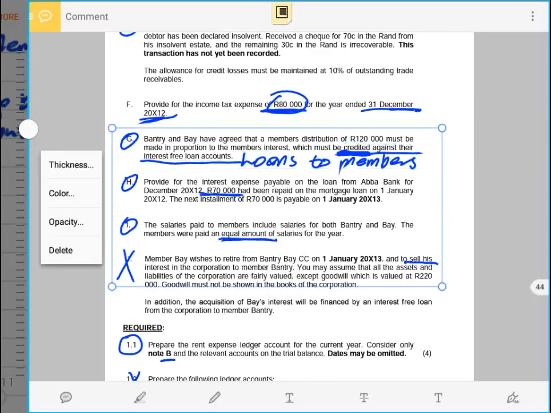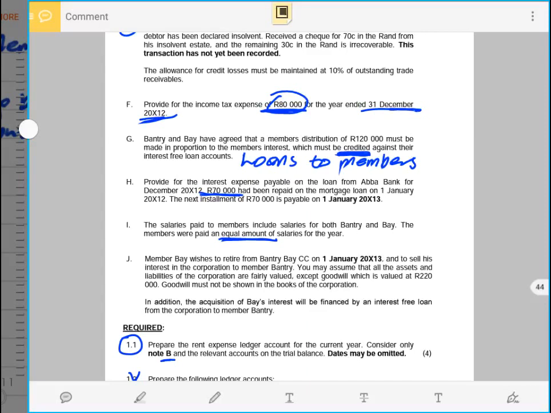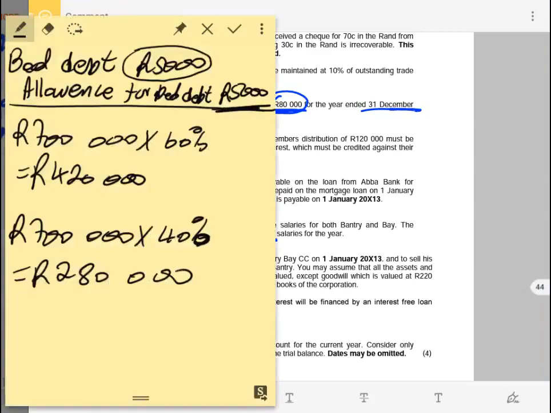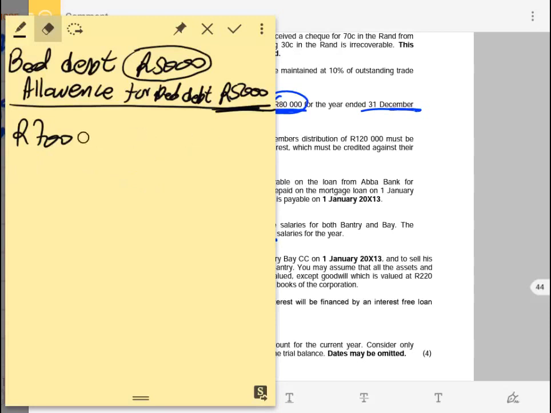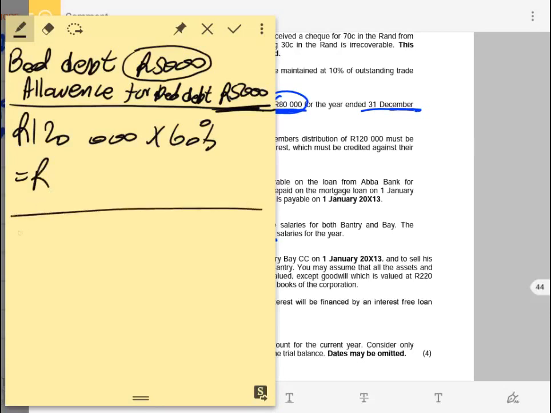So now in doing that, we have to say 120,000 rands times 60% and 120,000 rands times 40%. So let me show you those calculations now. 120,000 rands times 60% for the first member, which is Bentley, and 120,000 rands times 40% for the second member, which is B. If we say 120,000 rands times 60%, that gives us 72,000 rands.